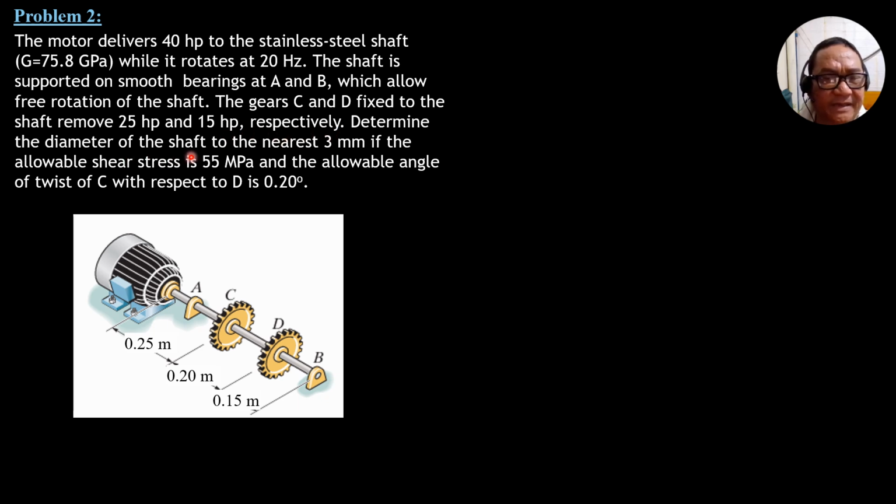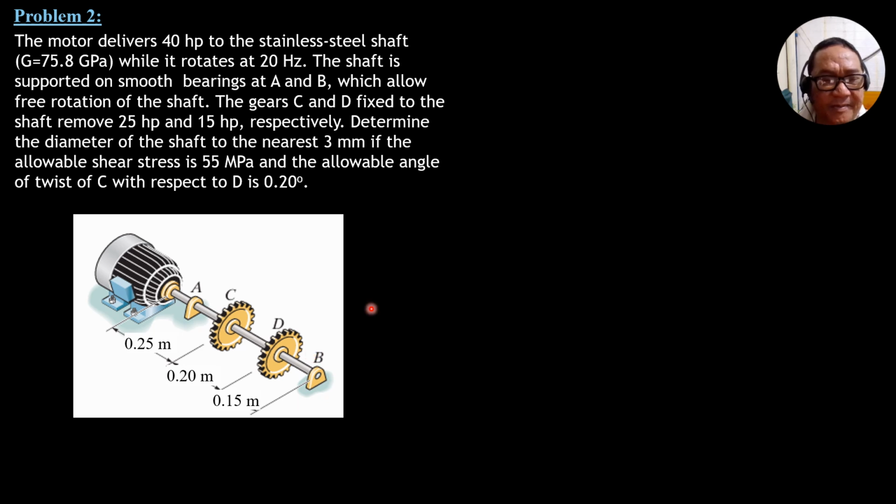Determine the diameter of the shaft to the nearest 3 millimeters if the allowable shear stress is 55 megapascals and the allowable angle of twist of C with respect to D is 0.20 degree.